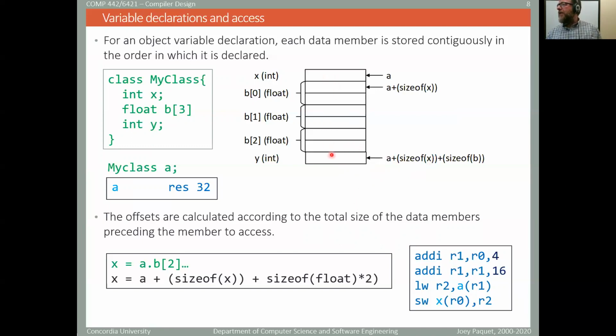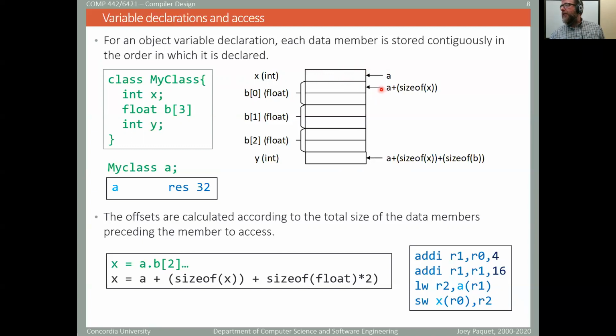Every time I have an object of type myClass, it would have somehow this shape inside the computer's memory. And if I want to refer to the values of the data members of this object, if I want to refer to x, then I use a with offset 0, which is this word here.